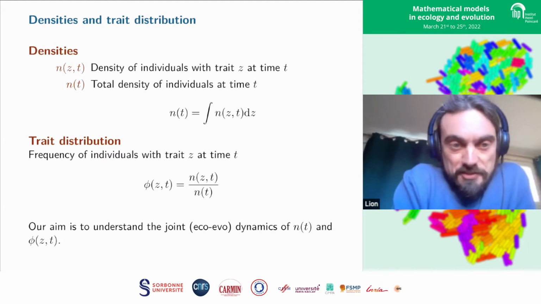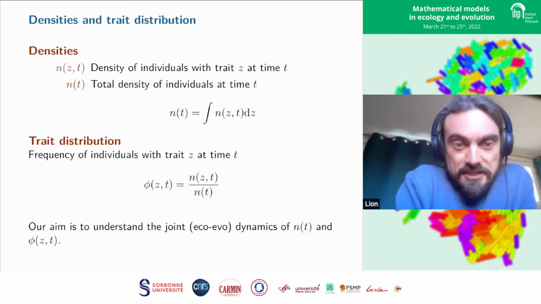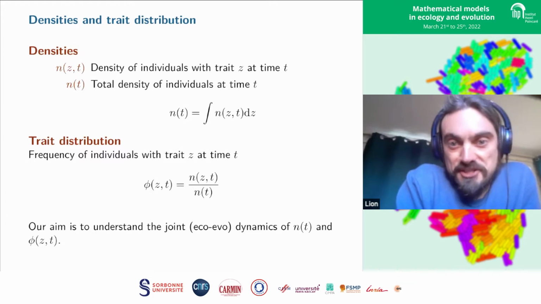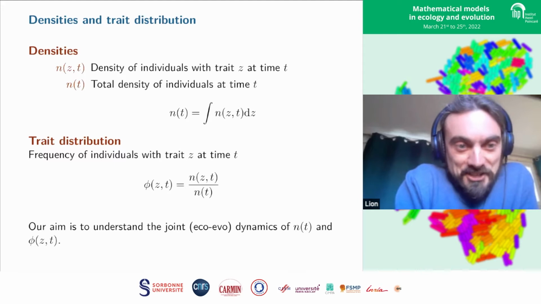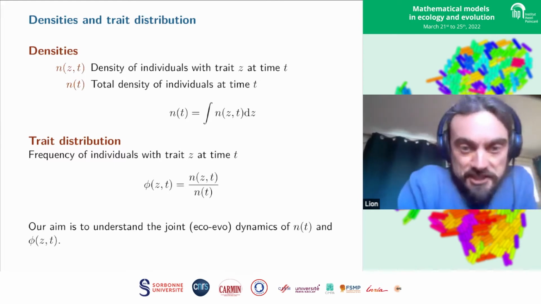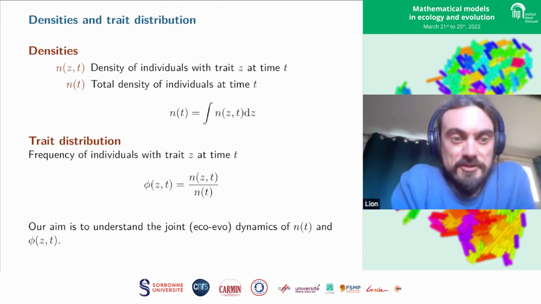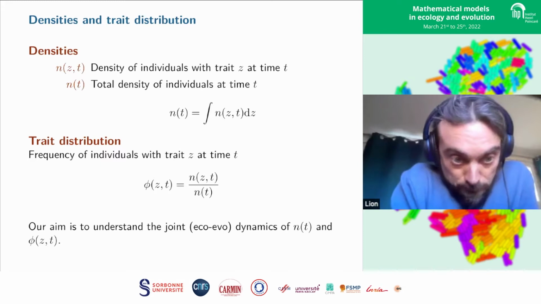To formalize this a bit, let's start with some densities. Let n(z,t) be the density of individuals with trait z at time t. With a slight abuse of notation, I will call N(t) the total density of individuals at time t, so basically the integral of n(z,t) over z.